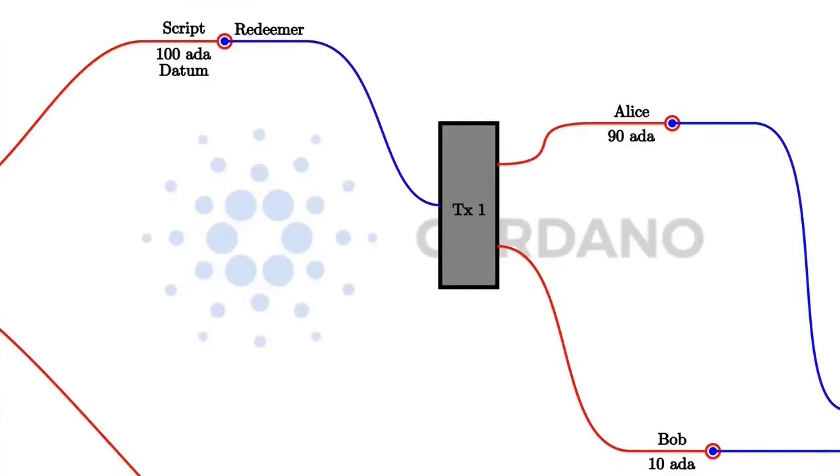So there are three pieces of data that a Plutus script gets: the datum sitting at the UTXO, the redeemer coming from the input under validation, and the context consisting of the transaction being validated and its inputs and outputs.